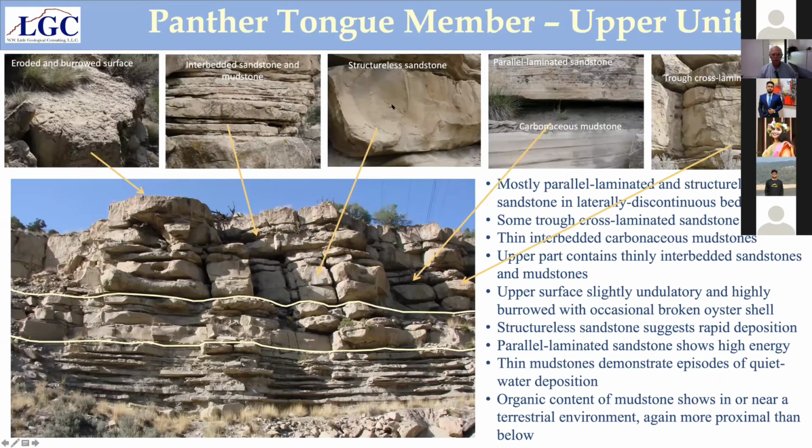And going back to this picture, that's where we get some of the structureless sandstone beds. But this sand, once it's deposited at the river mouth, is then going to be reworked by marine processes. So much of this structureless sand is going to be reworked by waves into parallel laminated and trough cross-bedded sandstone, depending upon the depth.